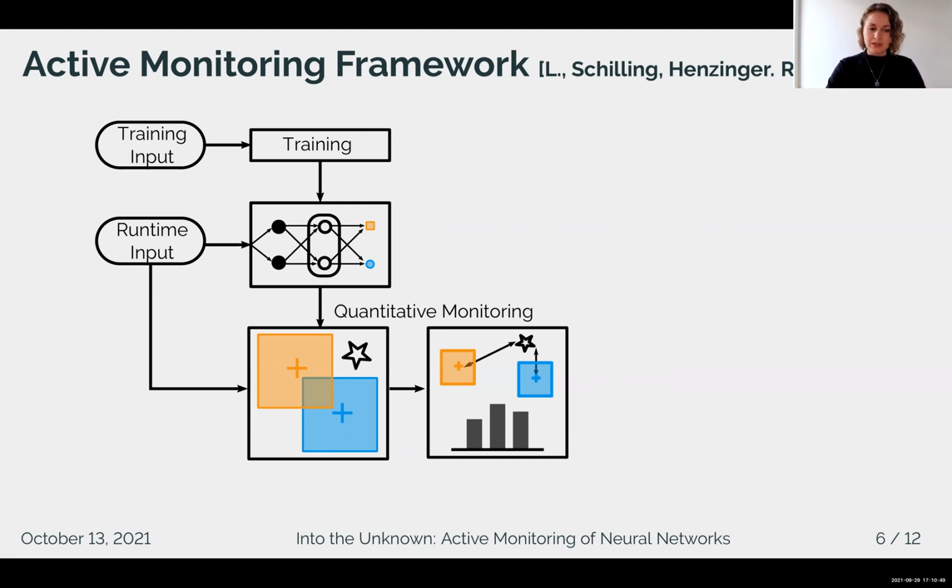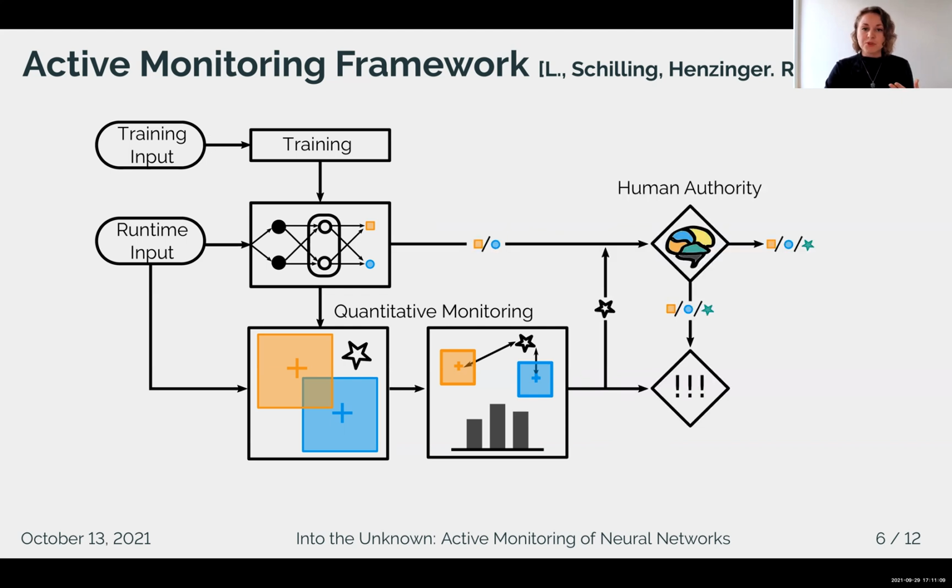Because it doesn't only detect the novelties, but it also computes various metrics about these novelties. So it computes, for example, how far the novelty is from the classes that the neural network already knows. This information is very important for us as an observer or a human authority. Then the novelty, if it's far away from everything that the neural network has known so far, is given to us or the human observer. And it is for us to decide whether this is a new class of inputs or whether everything was correct.